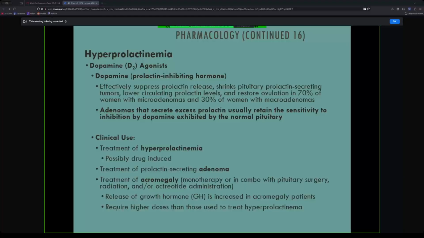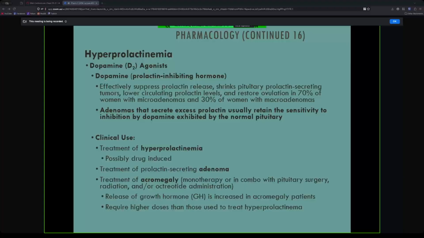And then our players are the dopamine agonists that we're going to talk about on the next slides, I think, bromocriptine and cabergoline. So we can use them in acromegaly because they suppress the growth hormone secretion in some patients. So know that we're talking two different suppression mechanisms when we look at growth hormone. The one that we talked about yesterday, and now we're seeing a secondary use of dopamine agonists.